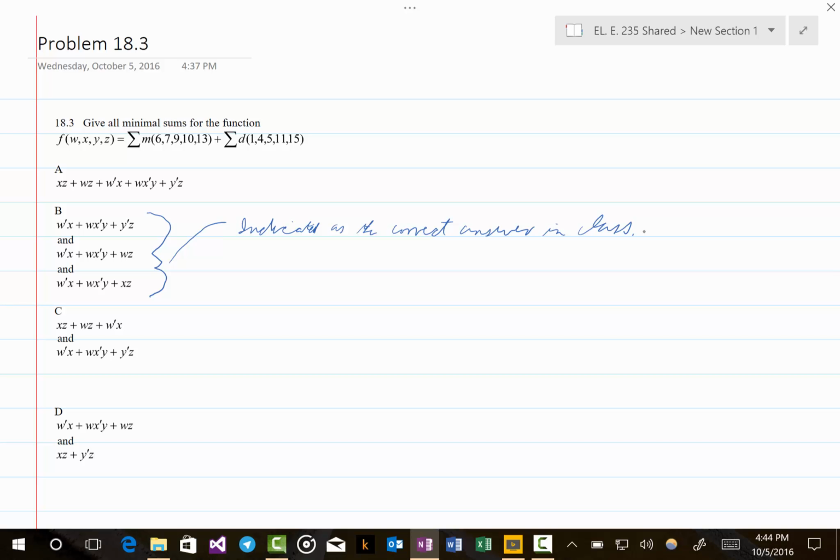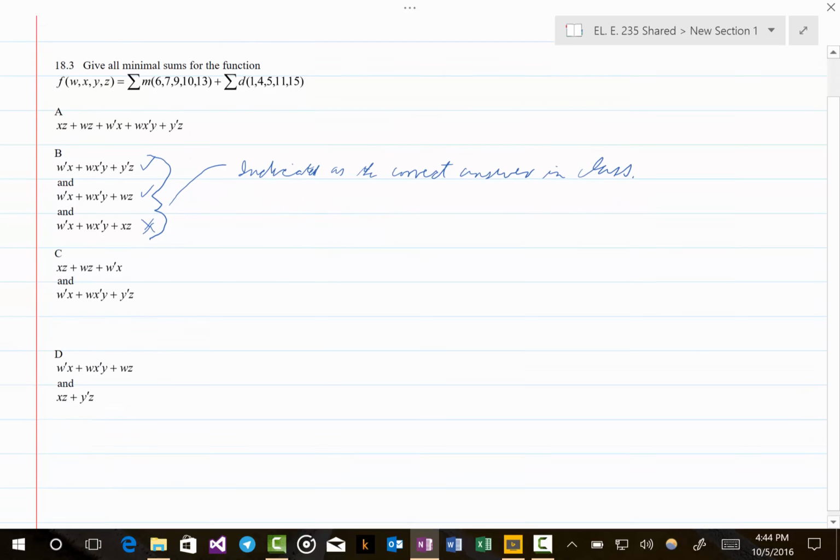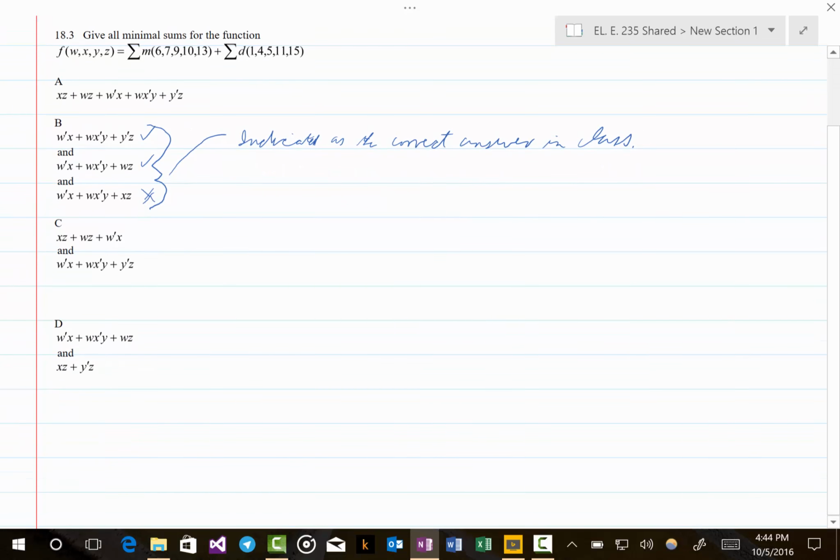Briefly, I'll just tell you right now the error is that the first two minimal sums given in answer B are correct. This first one here is correct, and the second one is also correct, but the third one is incorrect. And we'll see why this third one is incorrect right now, and we'll also see why the error was made.